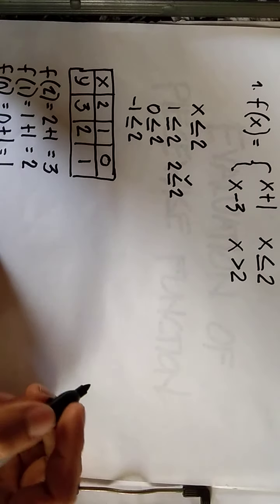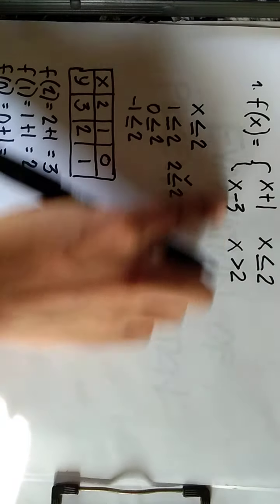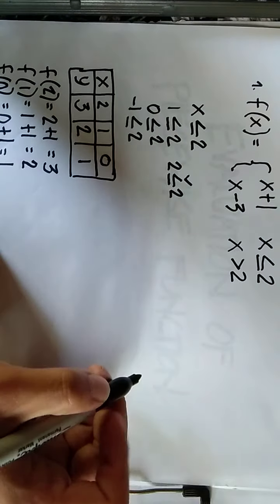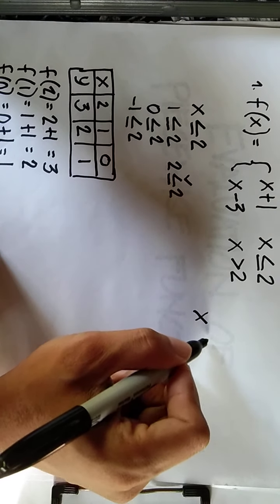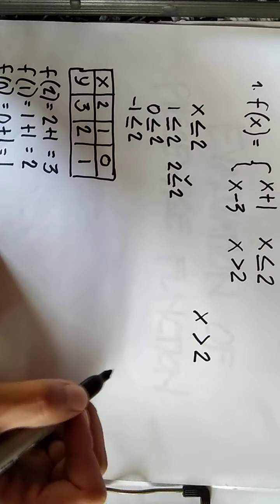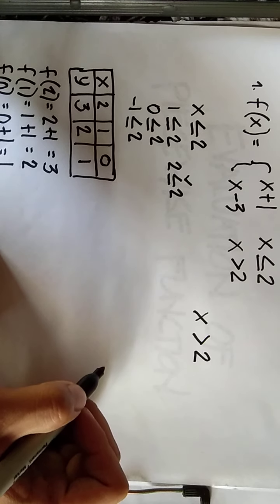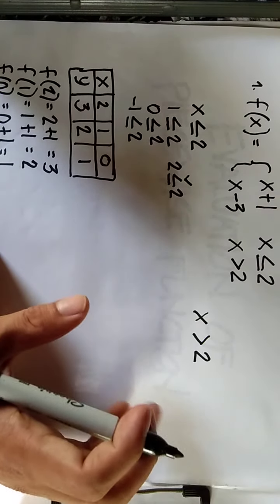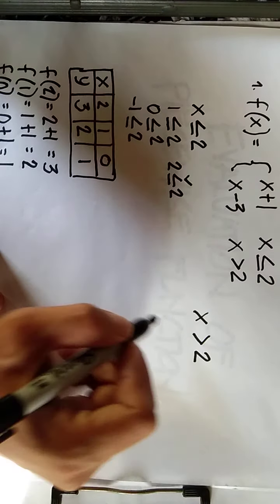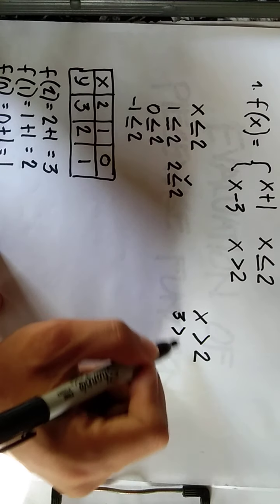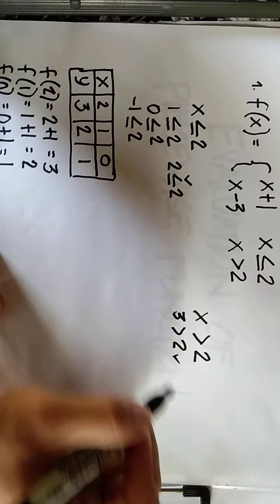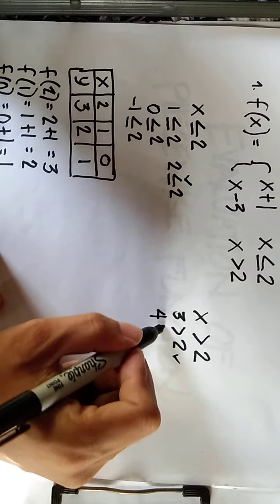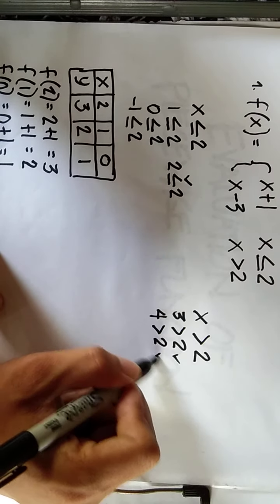And then, let's have yung ating second condition, which is x is greater than 2. So, ano nga ba yung mga value na wherein x ay mas malaki sa 2? So, di ba ang 3 ay mas malaki sa 2? Tama to. Then, we have 4. Obviously, mas malaki sa 2.